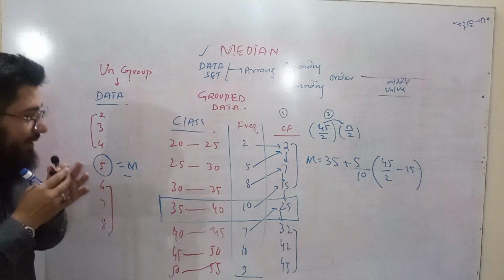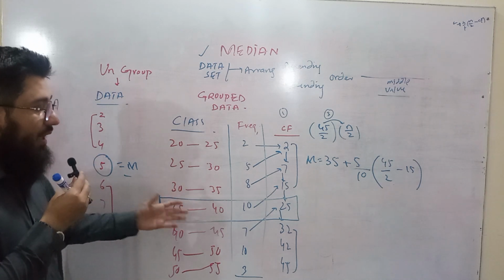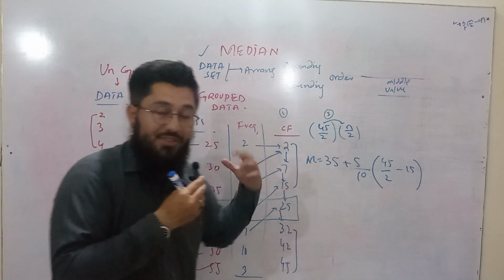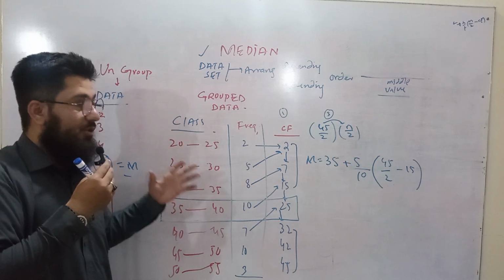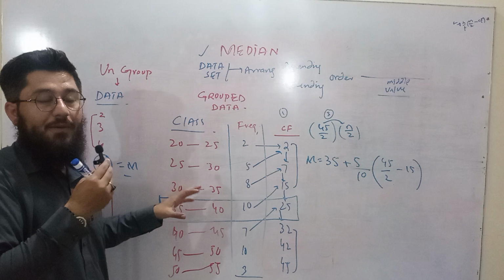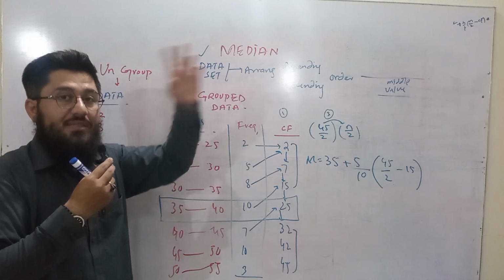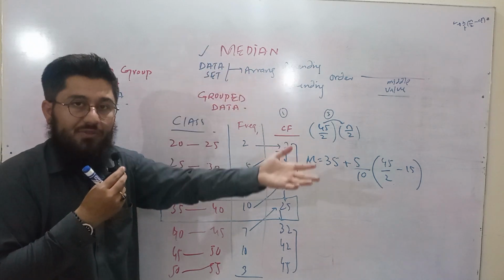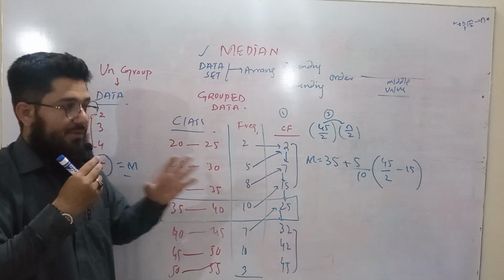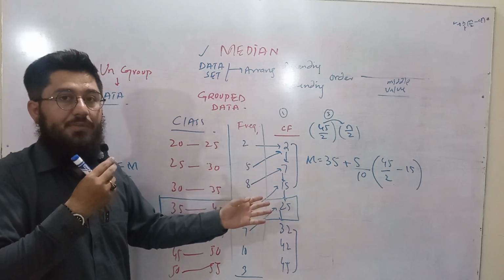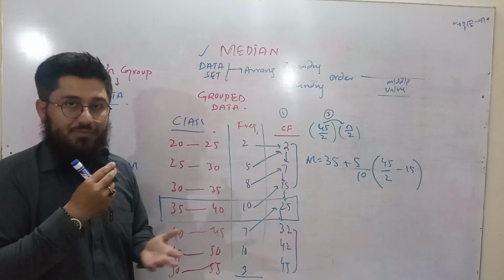Simple. So from the data, from this particular box, I got my formula. This is what I was talking about a moment earlier, that I'm going to help you take the formula from the data. You will not have to memorize the formula, put the values in it and get your median. No, just follow these steps, practice these steps, and here is your formula.